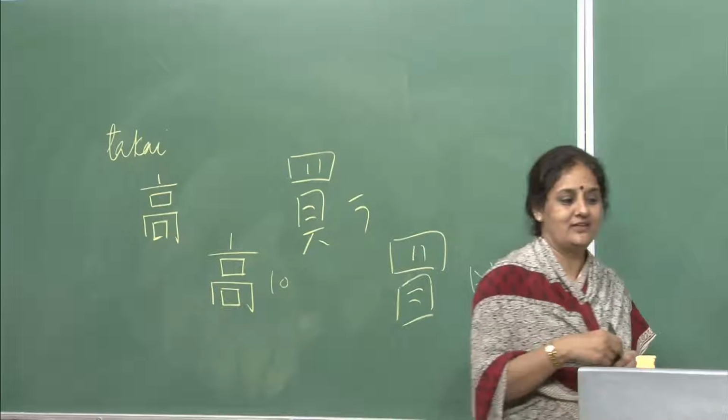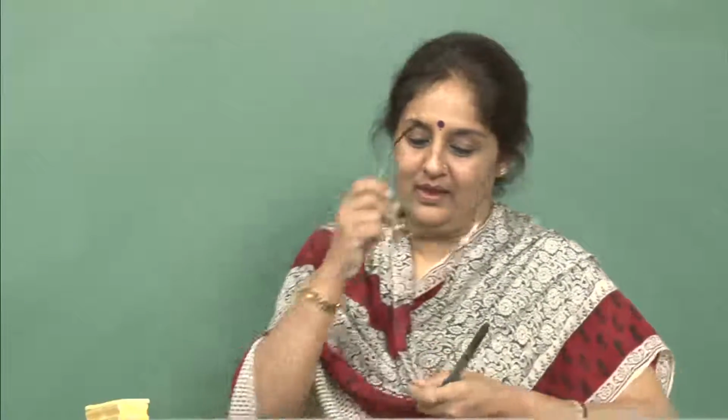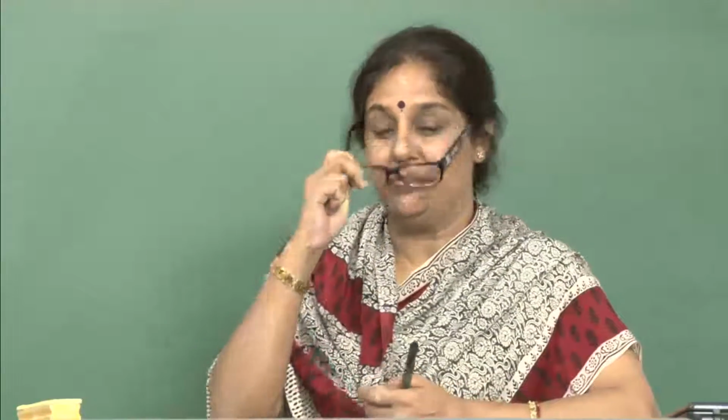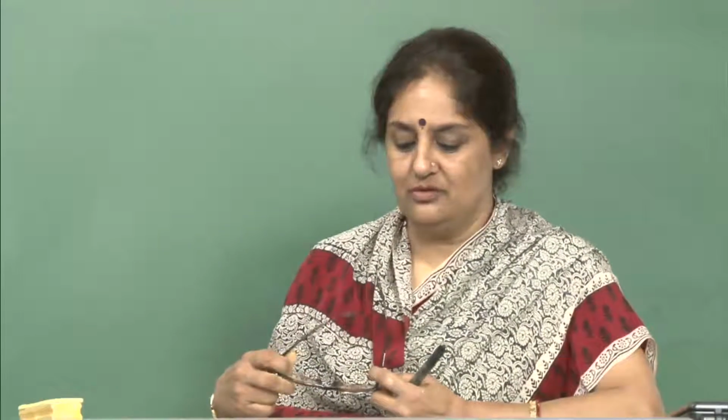So, that is how takai came into being. A double storied house was considered very, very big, large in ancient times. So, that is how takai, height or expensive, came into being.